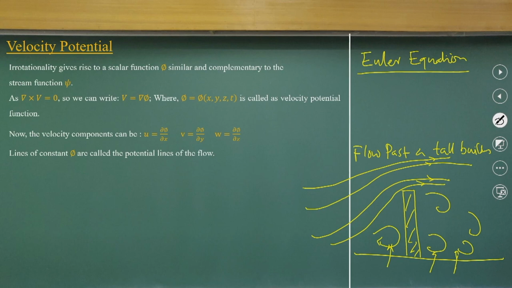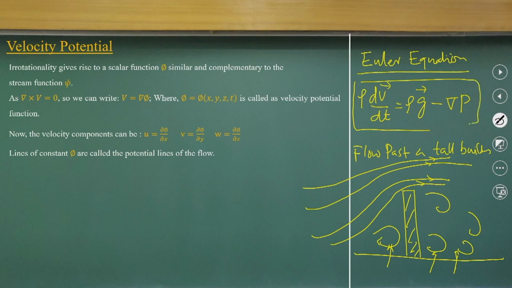Beyond that, the streamline patterns can always be defined through the Euler equations, which are very basic: rho dV/dt, the acceleration, is equal to rho g vector minus grad p. This equation is quite valid for flow past a tall building.